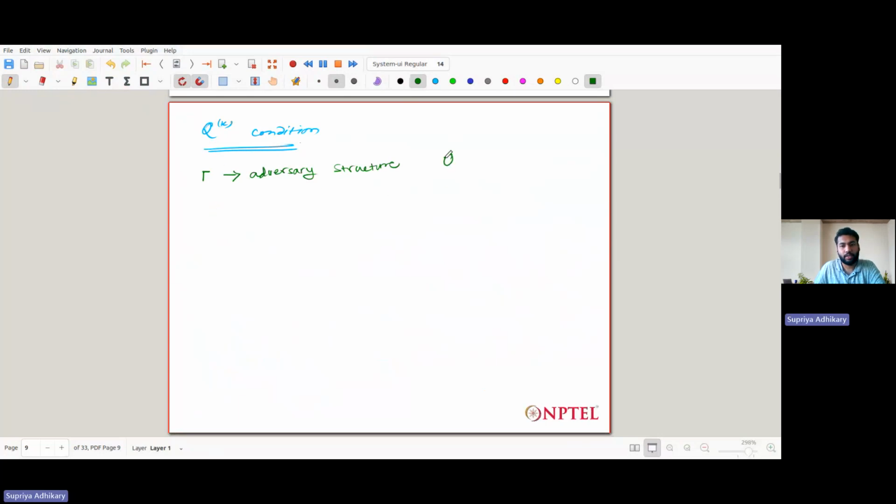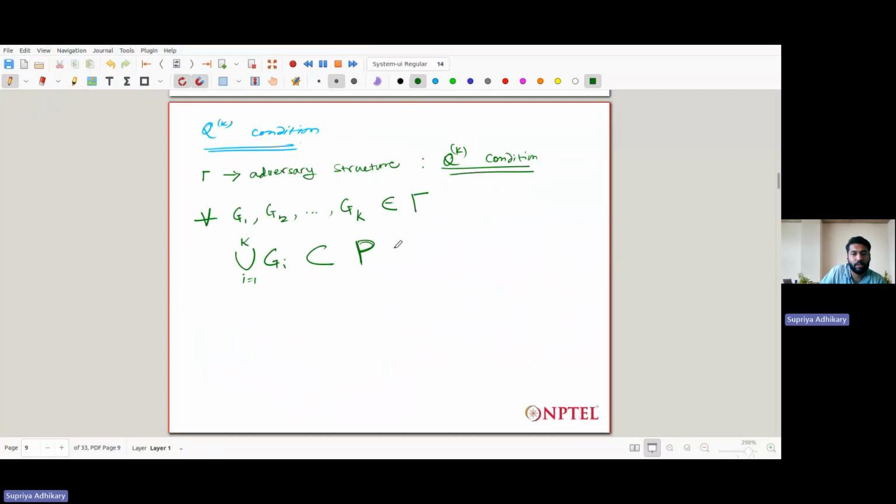This adversary structure satisfies the QK condition if, for all G1, G2, up to GK in gamma, the union of all Gi where i is 1 to K is a proper subset of the participants. P is basically the set of all participants.